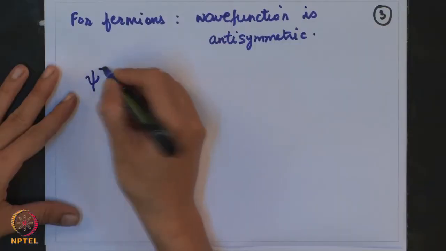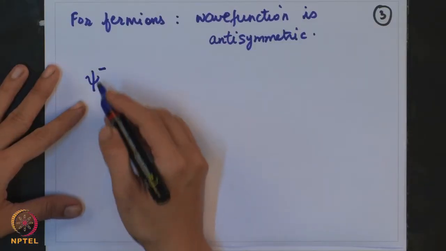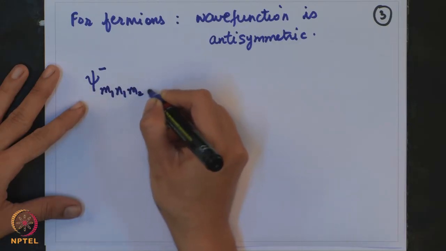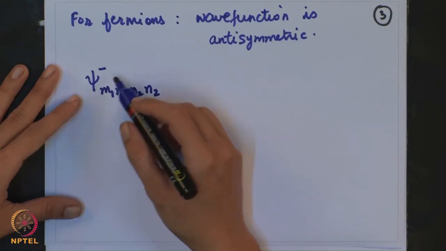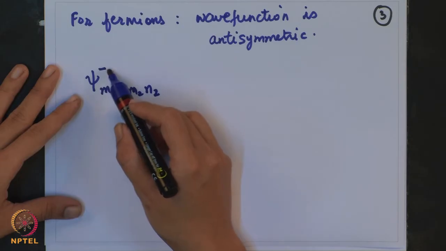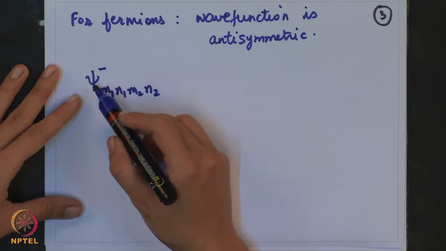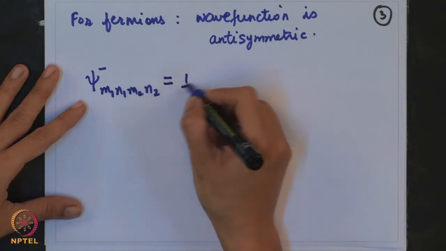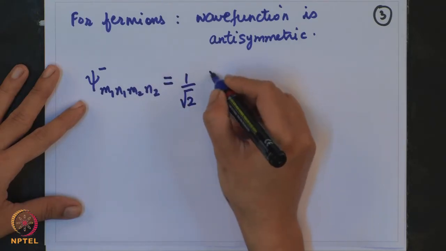That is to say that the wave function is now written as psi minus, where minus indicates that the wave function is antisymmetric. I am using the same notation as used in the lecture.